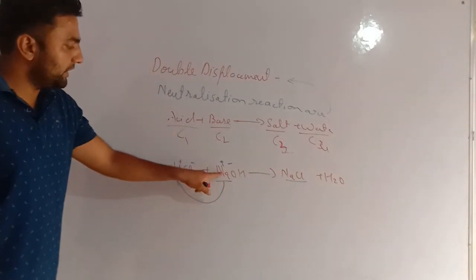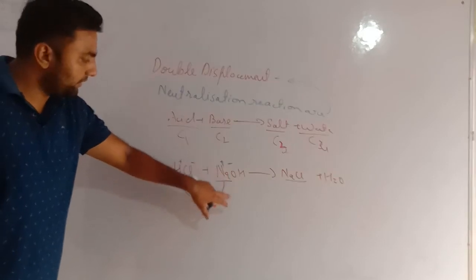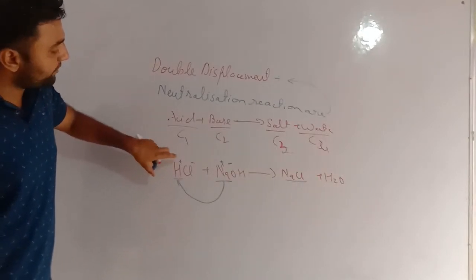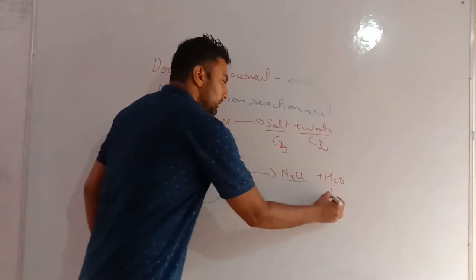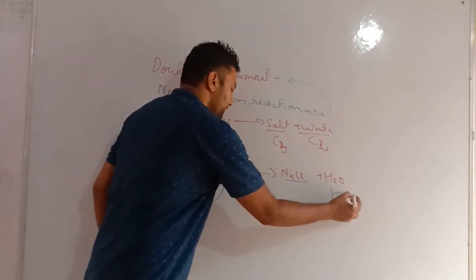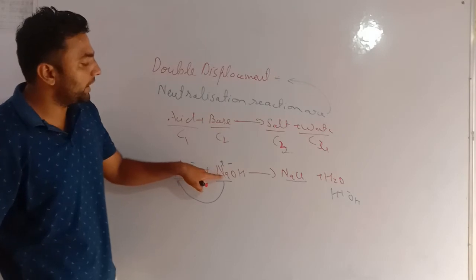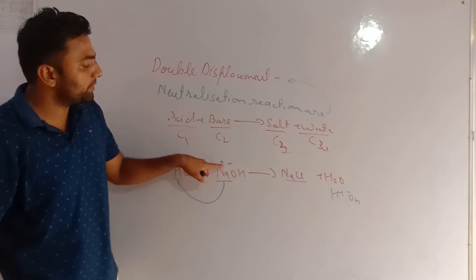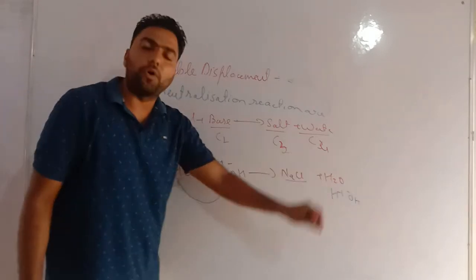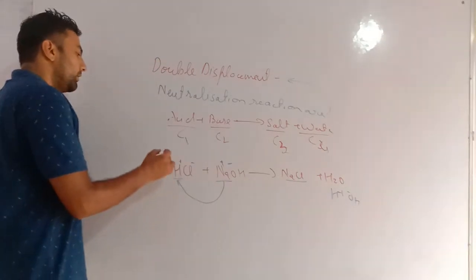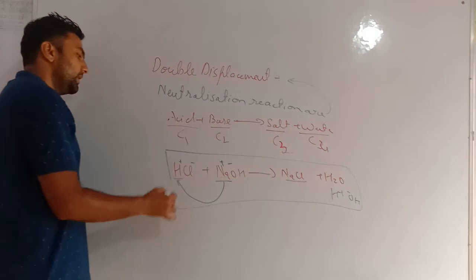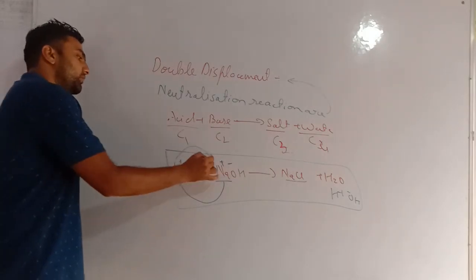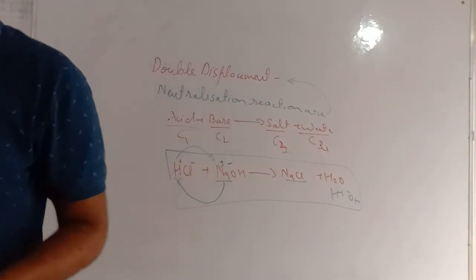As now this positive ion place is empty, this positive ion H+ has come here, taking the place of Na, and we have got H+ OH-, which is water. So very important: all neutralization reactions are double displacement reactions. Here you can see how exchange of ions is taking place.